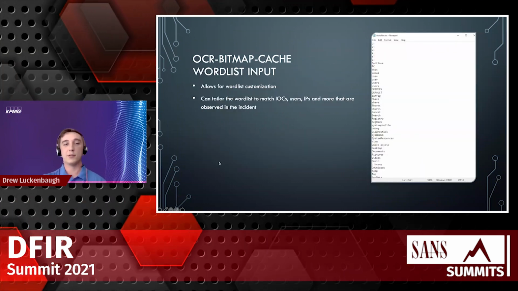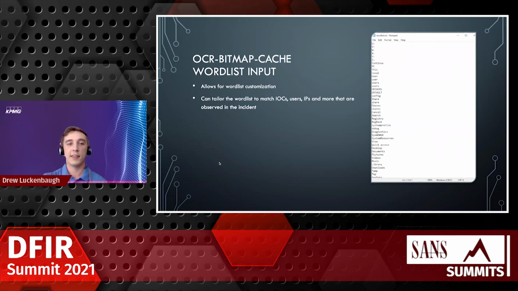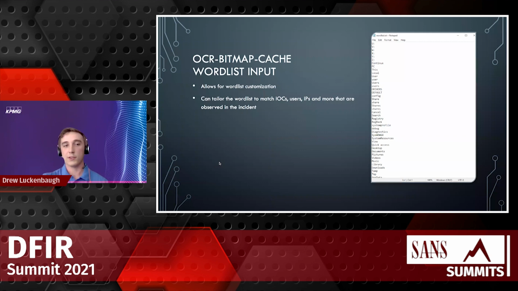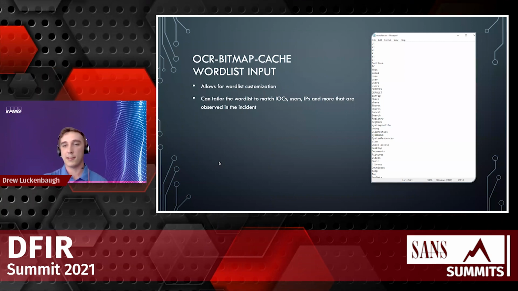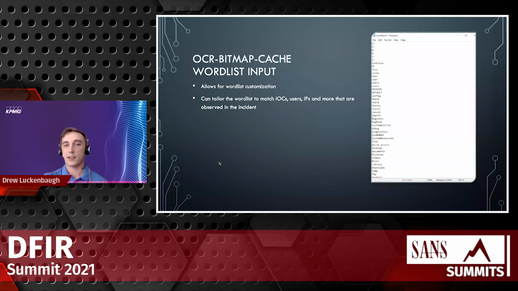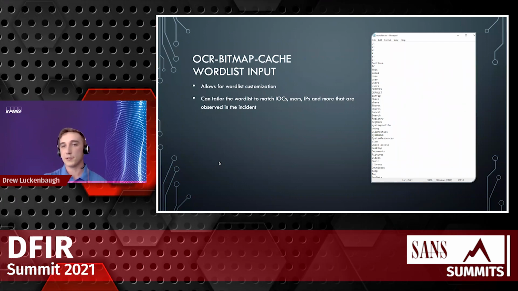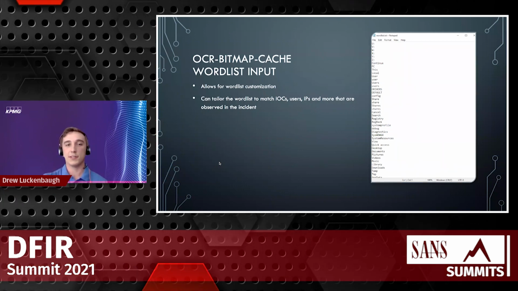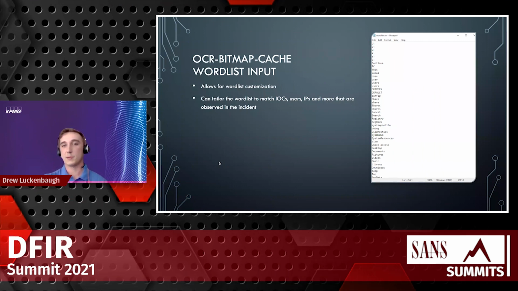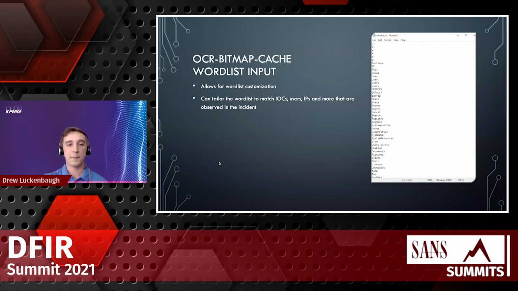Continuing on then, to reiterate on the word list input, you can use any word list you want to provide this script, as long as the words or phrases are new line separated like any other common word list. This allows for customization to match any IOCs, users, IPs, really anything that might pertain to the specific incident that you're involved in.